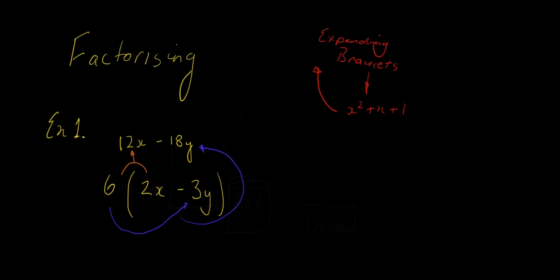I have a question. You know about the brackets, 6 is outside of the brackets, 2x minus 3y. Is that the answer, or do you have to do the multiplication to get them in the brackets? No, remember, we're doing the reverse. This is the answer you're looking for.